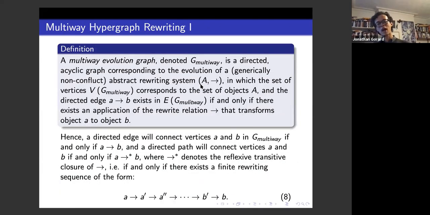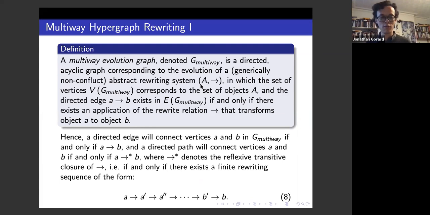So in reality, what you have is not so much just a path of evolution history, but really a directed graph. We're going to assume for the moment that it's a directed acyclic graph, although in reality it might not be. So we can call that thing a multi-way evolution graph. It's a directed acyclic graph in which every vertex is just a hypergraph, some object of our abstract rewriting system, and every directed edge is an application of the rewrite relation.